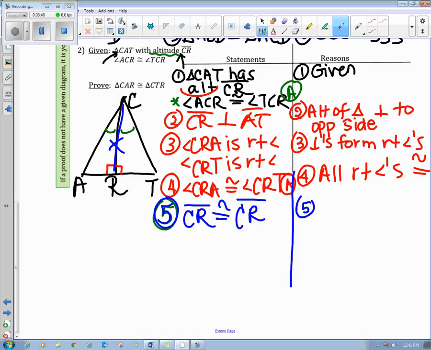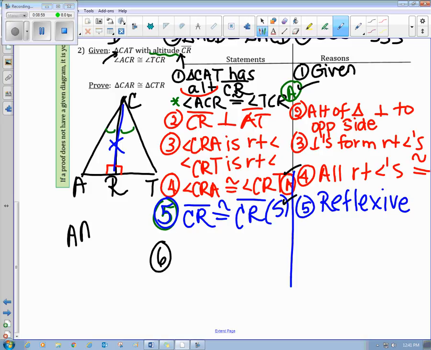Number 5, reflexive. At this point, you guys have gotten good at finding that reflexive, also finding vertical angles. That gives me a side. So now when all is said and done and I go back and take a look at everything I've accumulated, I've got an angle here, a side here. That means I'm looking to see if it's angle, side, or angle, side, angle.